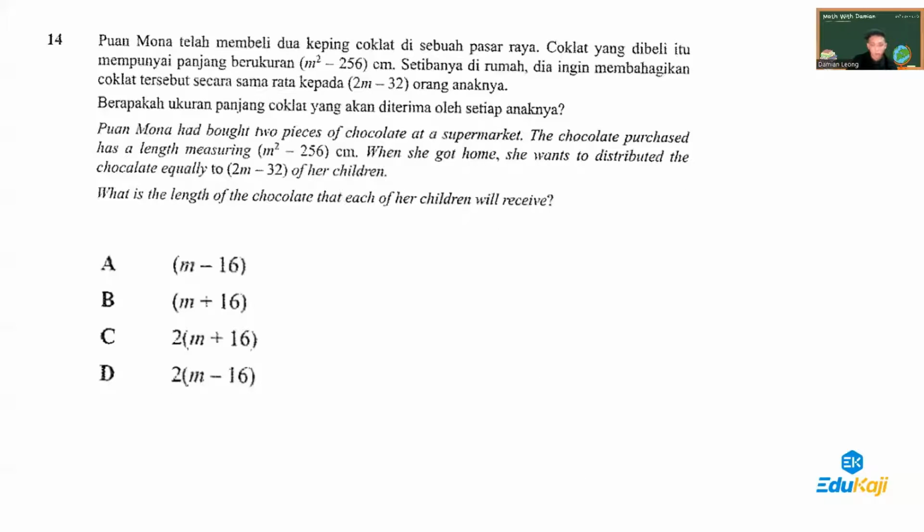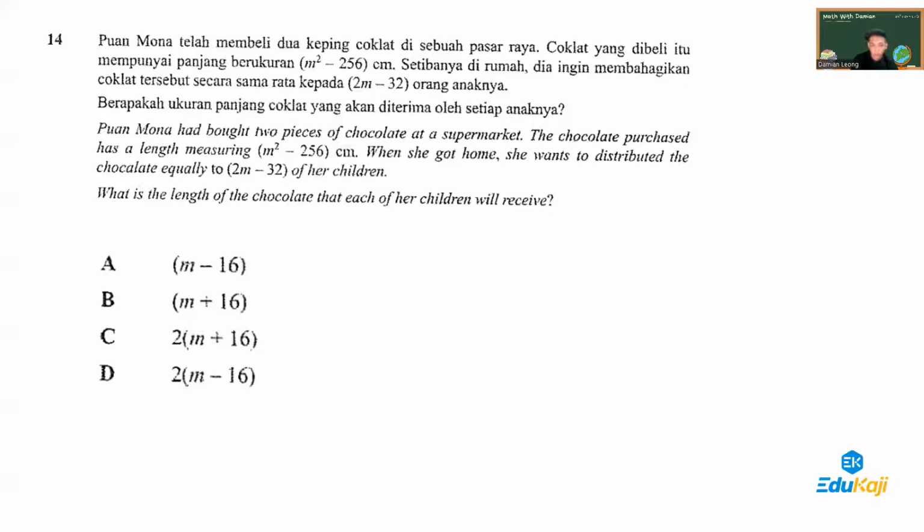Then question 14. Mona had bought 2 pieces of chocolate at a supermarket. The chocolate purchased has a length measuring m squared minus 256 cm. When she got home, she wants to distribute the chocolate equally to 2m minus 32 of her children.